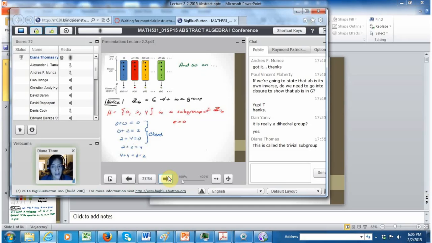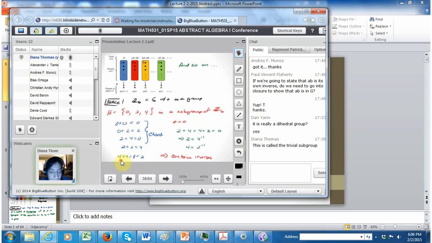So E is in there. So I'm fine there too. And it contains its inverses. The inverse of 2 is 4, and the inverse of 4 is 2, and both are inside there. So I'm fine with that too. Notice I did this little calculation here too, that 4 plus 4 is 8, which mod 6 is 2. Just to remind you, I'm modding by 6.